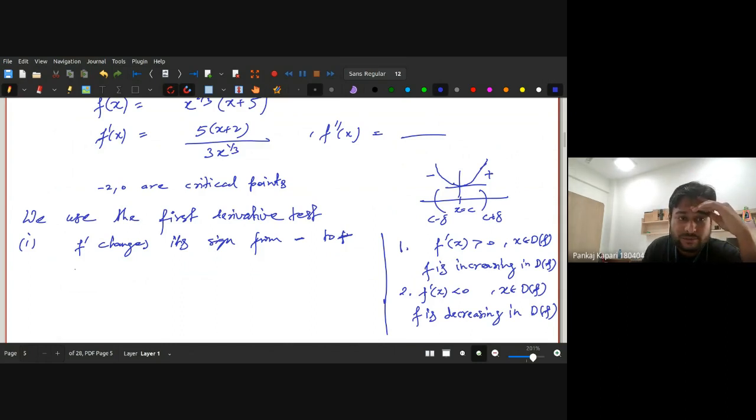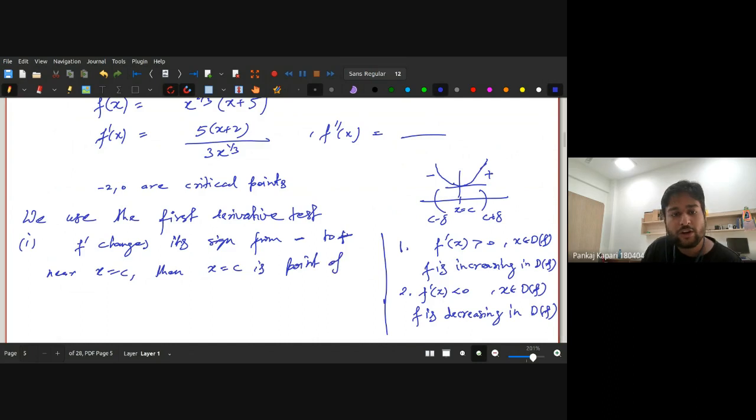So x equal to c is a point of minima. This is called the first derivative test.